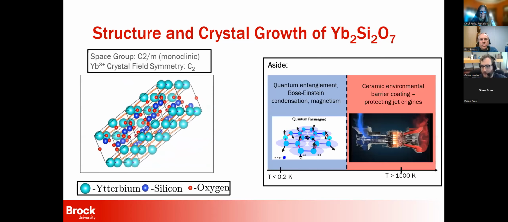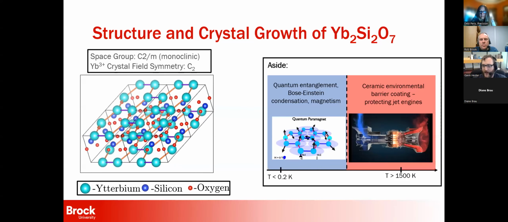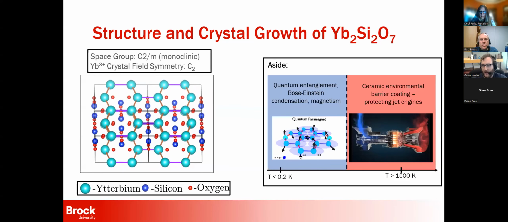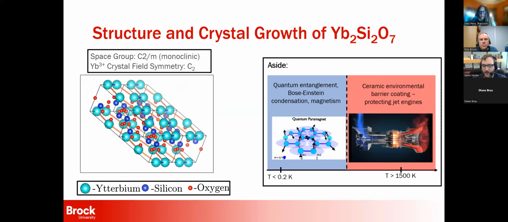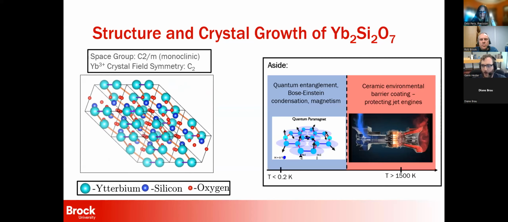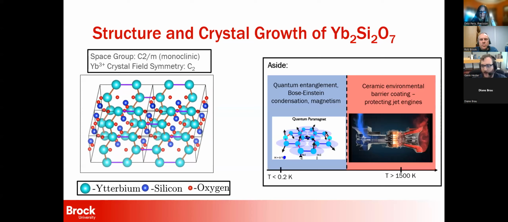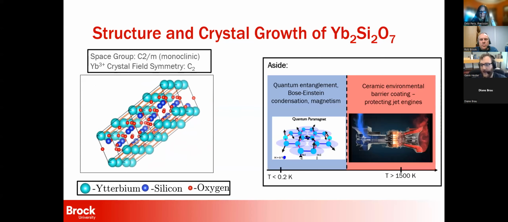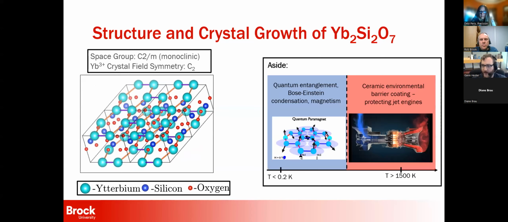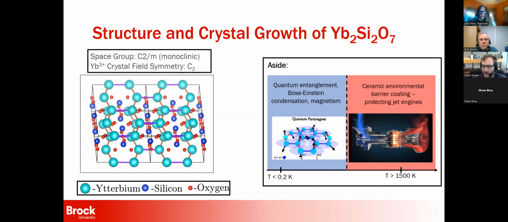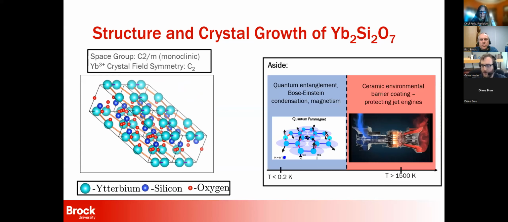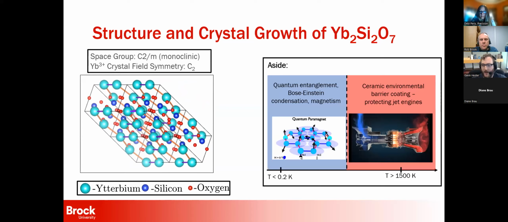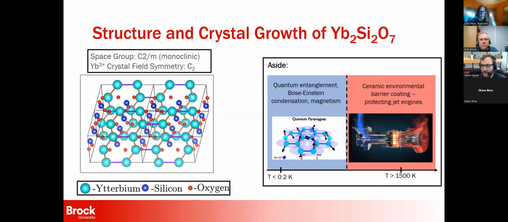Because if you go to temperatures in excess of, say, 1500 Kelvin, engineers at places like NASA use this compound to coat jet engines to protect them from being degraded by hot gases and water vapors and things like that. We've done some cross-pollination projects with some of those groups, supplying them samples to try and better understand the high temperature properties.